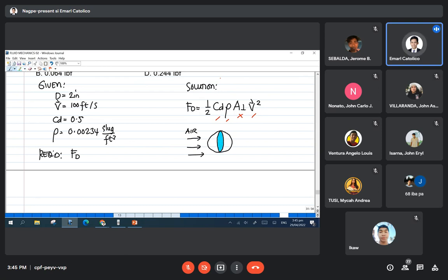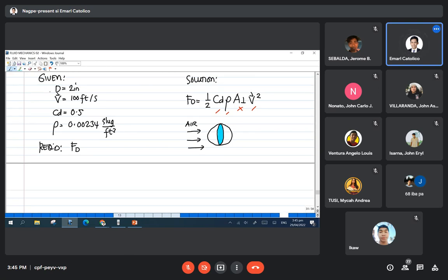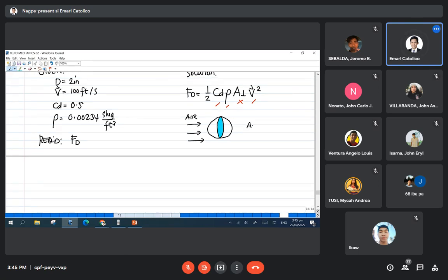So therefore, formula natin ng drag force. So area perpendicular is equals to area ng circle, pi over 4 d squared. Okay? So therefore, drag force is equals to 1/2 times CD times density times pi over 4 d squared velocity squared.